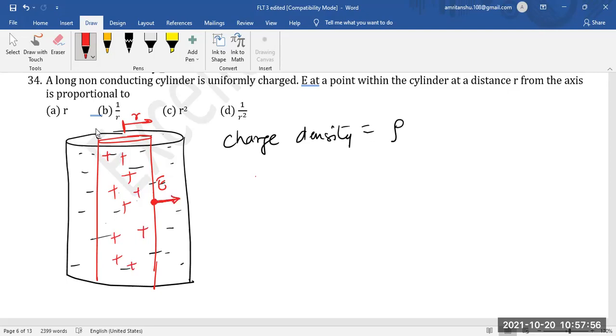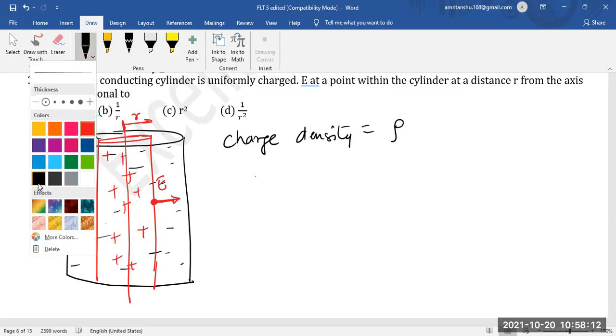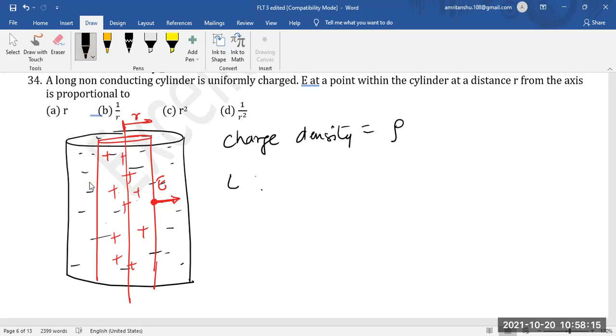So we know E at a distance r from the axis. So this is the axis. At a distance r from the axis, E is going to be, by Gauss law, E dot ds equals Q by epsilon naught.